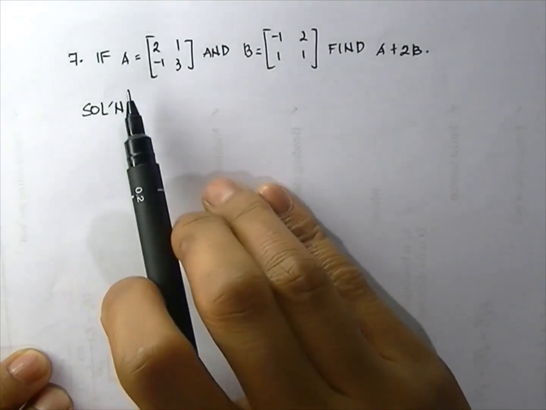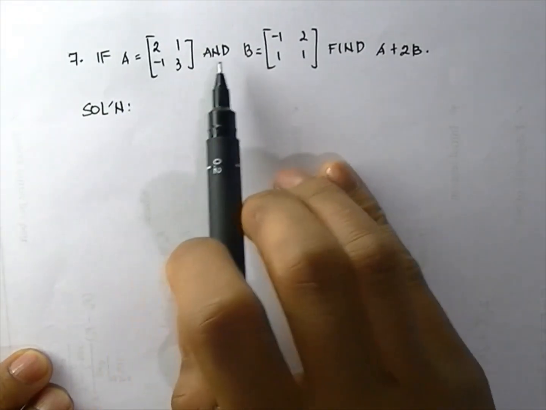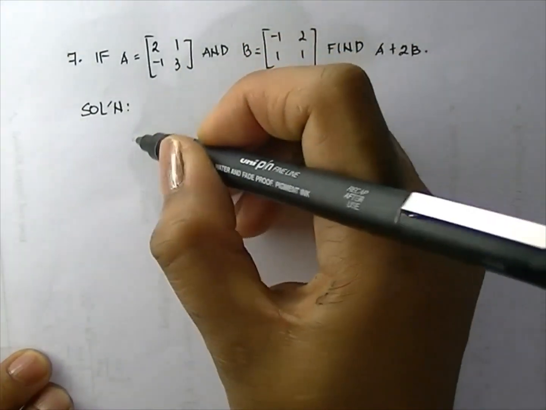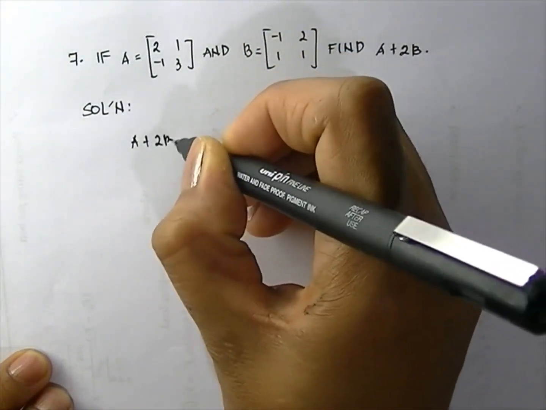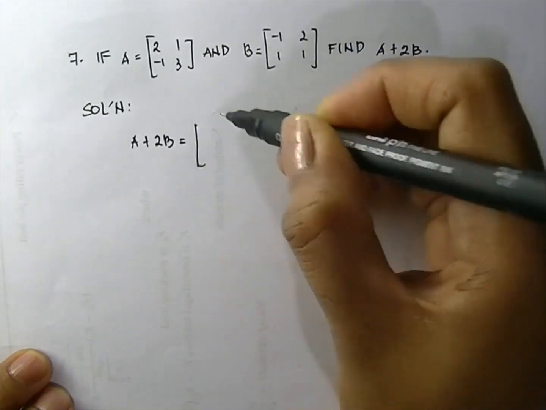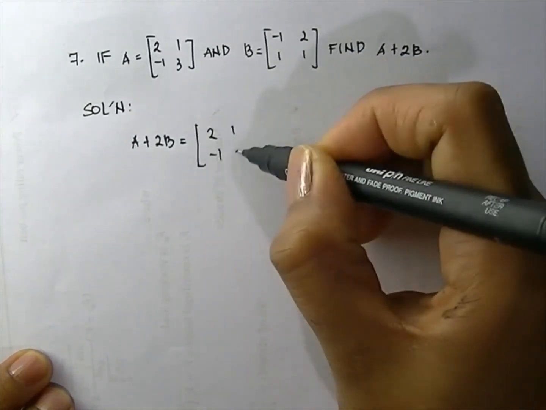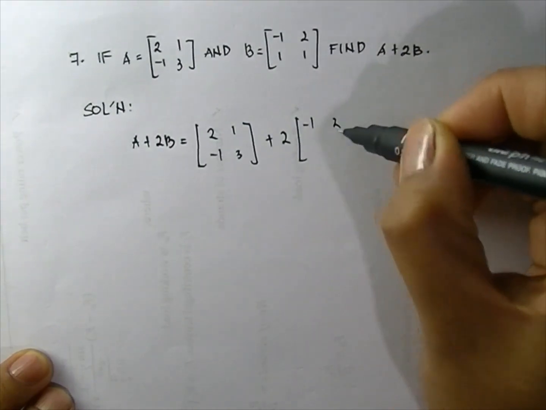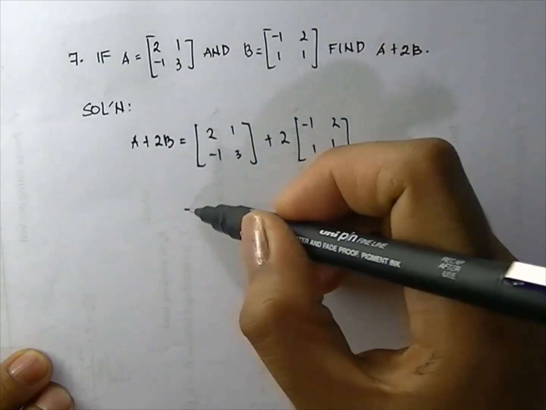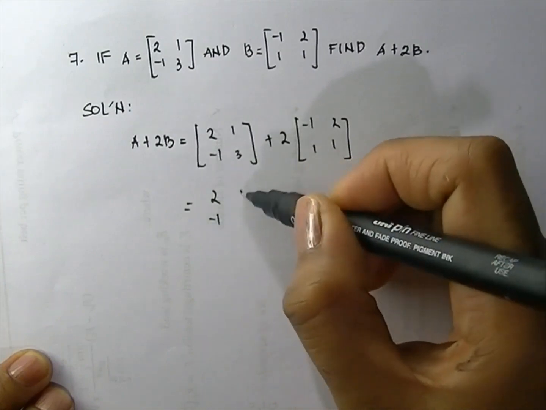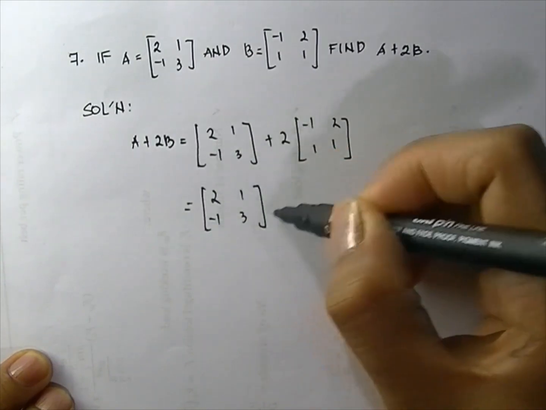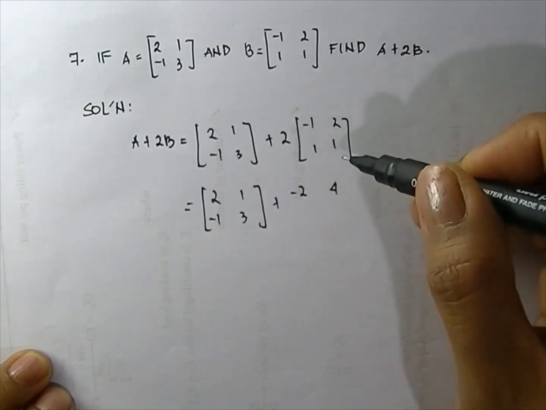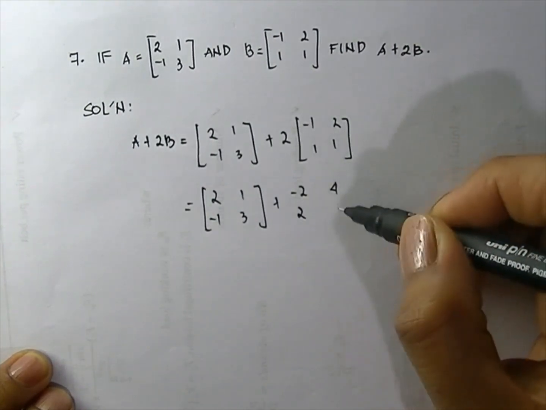Number 7, if A is 2, 1, negative 1, 3, and B is negative 1, 2, 1, 1, find A plus 2B. So, A plus 2B is equal to A, 2, 1, negative 1, 3, plus 2B, negative 1, 2, 1, 1. So, 2, negative 1, 1, 3, plus distribute, we have negative 2, positive 4, 2, and 2.